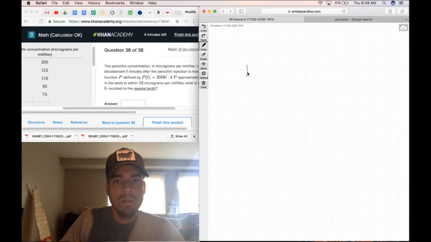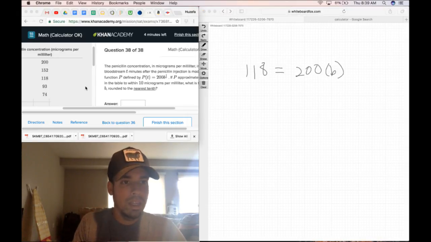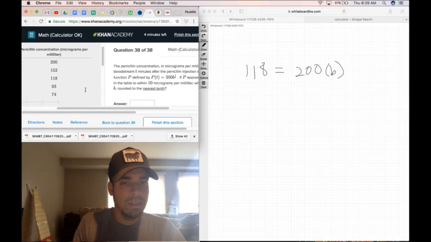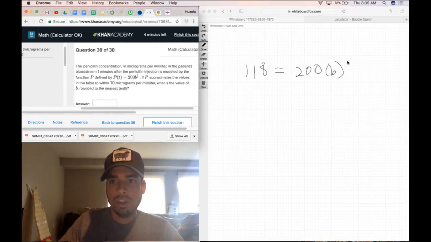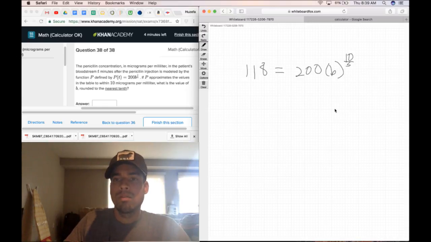Let's do 118 equals 200 times B, which is what we're trying to figure out. And then our T value is 10. Right, that's what I'm using. So we're just plugging and chugging. 10 over 5 is just 2, so 200b squared equals 118.